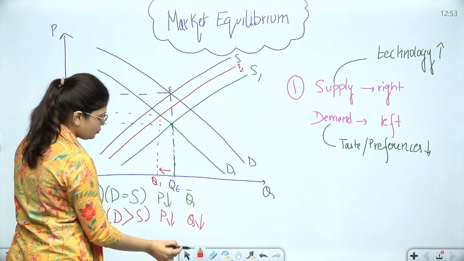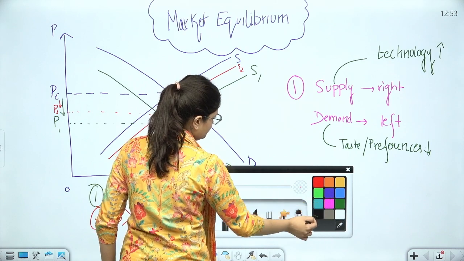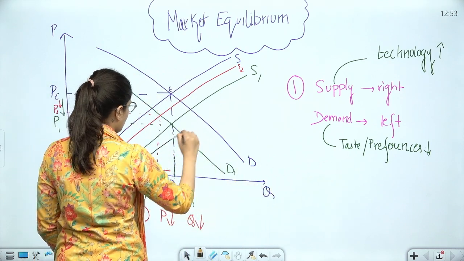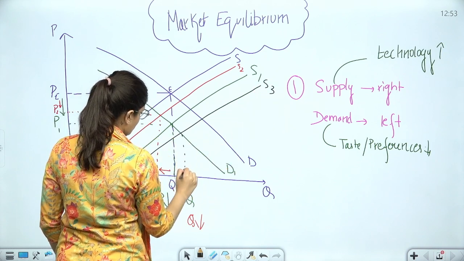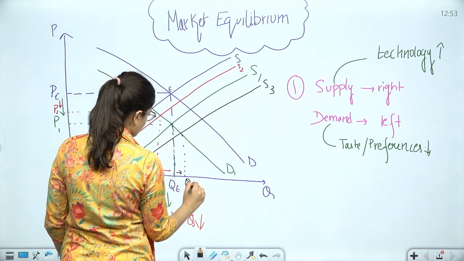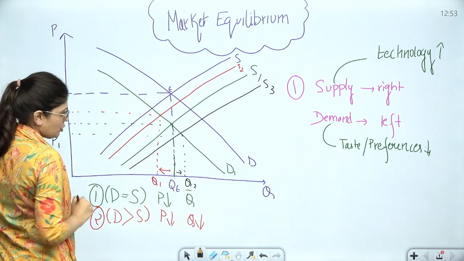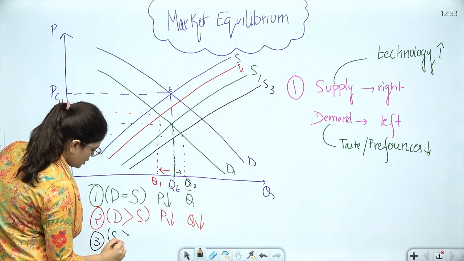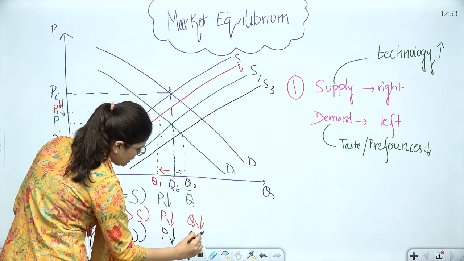Okay, now let us take the third case. In the third case, let us say the supply is shifting more than the demand curve. Now in this case, what will happen? The quantity will increase and the price is anyway decreasing only. Okay, so in this case, supply curve is shifting more than the demand curve, price will decrease but the quantity will increase.